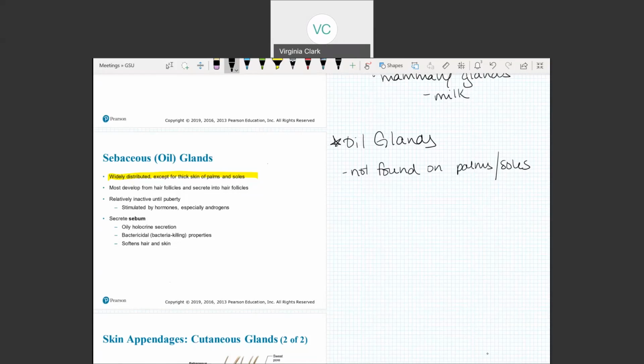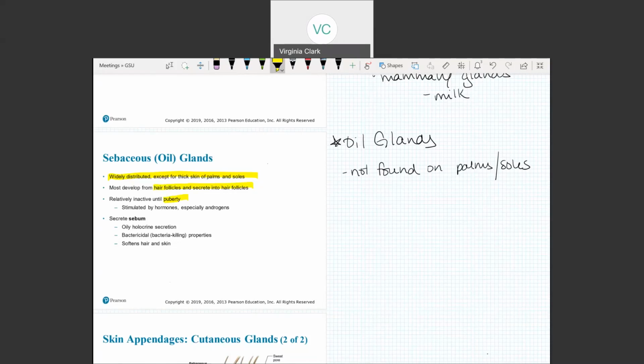This is typically going to be developed from hair follicles and then secreted into hair follicles. So if you think about oily hair, this is kind of the process of what's happening there. It's going to develop in the hair follicles and then get secreted into that follicle. This is also going to be typically activated around puberty, maybe stimulated by hormones, which may cause an increase in oil, but we really don't know.